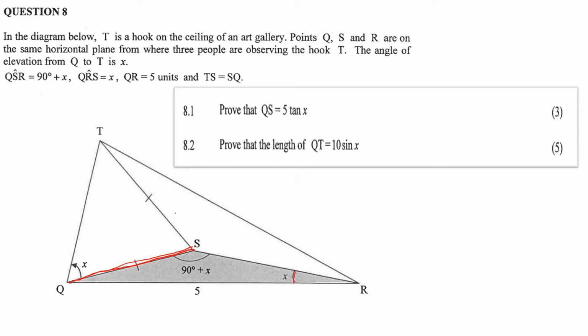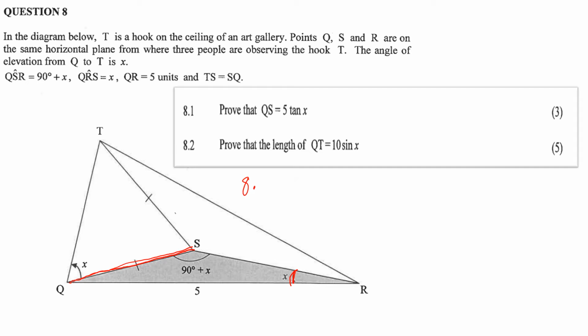Yes, it's X. And you also have another side, QR, which is 5, and there's another angle facing it, which is 90 degrees plus X. So we can use the sine rule because we have two angles and one side, and we are looking for the other side.